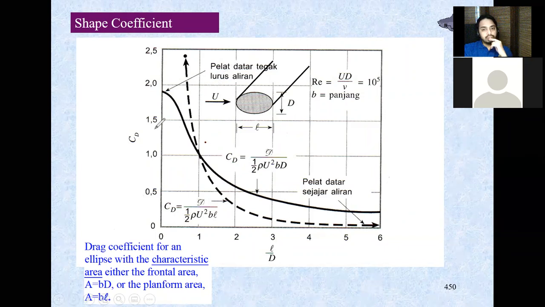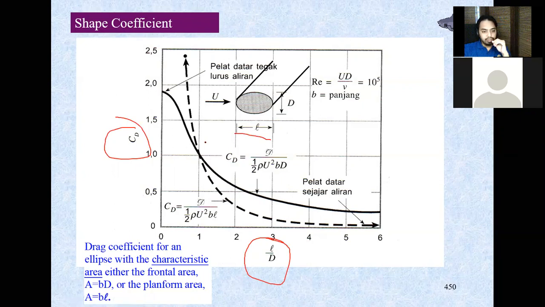Then you can find the CD, and this is L over D. L is the major axis of the ellipse, and D is the length of the ellipse, for example.